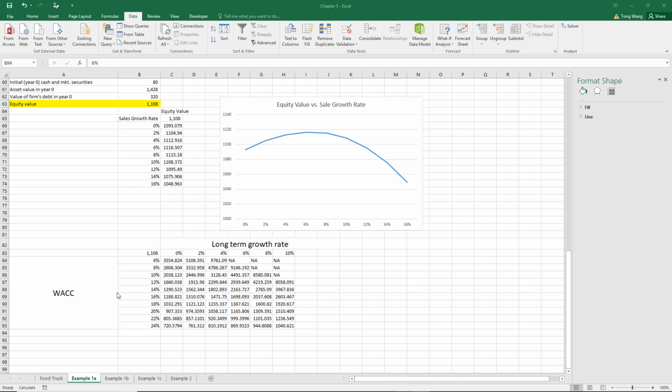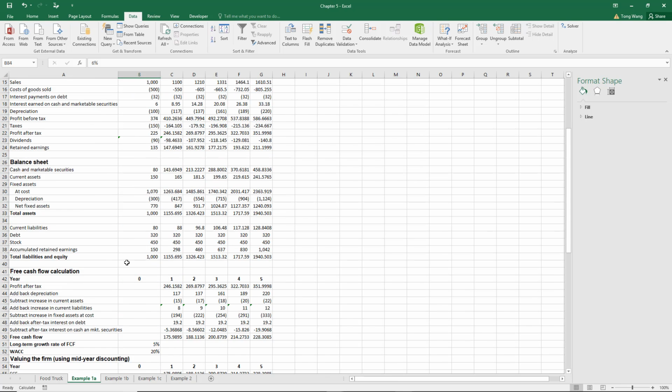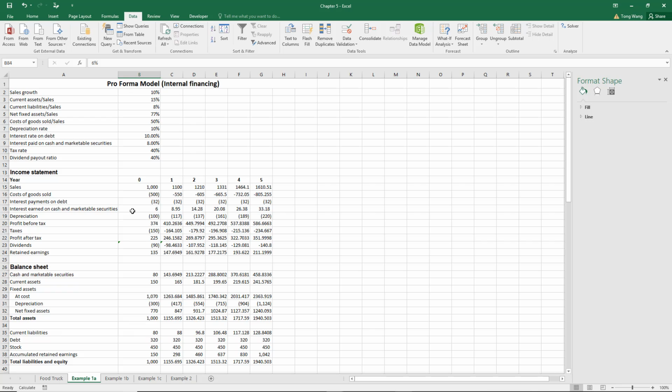So next I want to see a couple of variations to this model. Remember that the nice thing about a pro forma model is that it allows you to explicitly make assumptions about various aspects of your operation, about your financing policy and so forth, right? So basically these numbers represent specific assumptions. Let's make some changes to those assumptions.